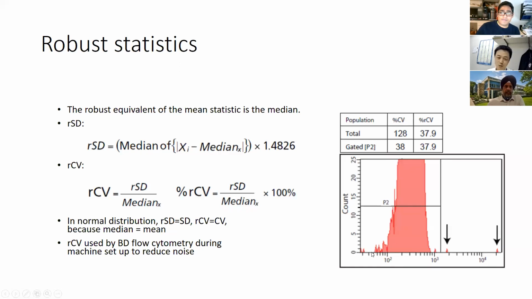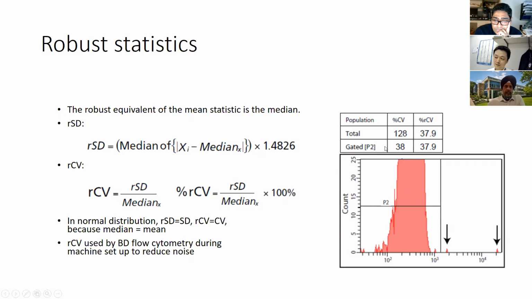If you run the flow, you will know that besides your normal majority population, there are always a few outliers. They could be caused by machine errors, electronic noise. So it's beyond our control. This robust statistic tries to eliminate the effect of these outliers.